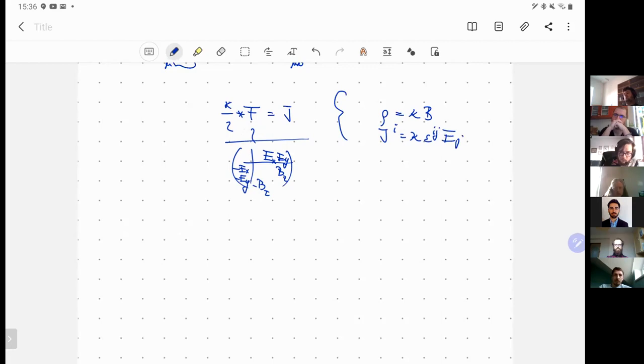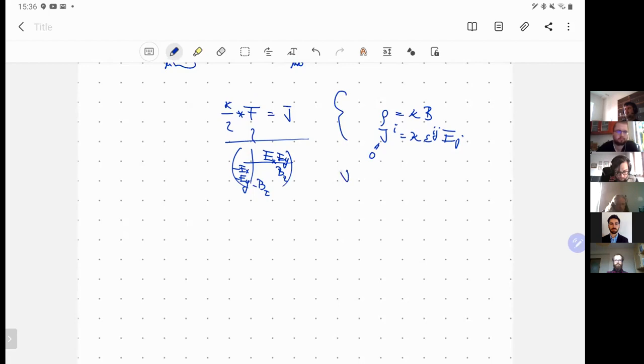Right. So if I have static charge, this is 0. What I mean by this is that it's the second part of the 3-current, right? The J mu would be rho and J i. So I just want static charges.